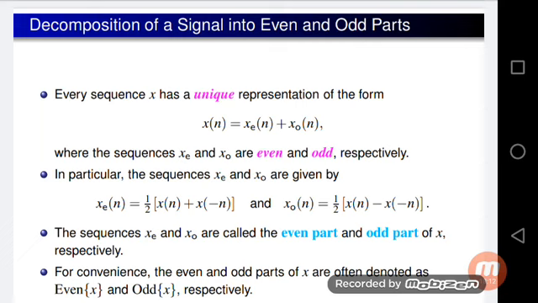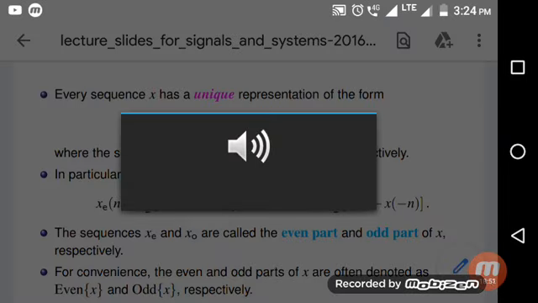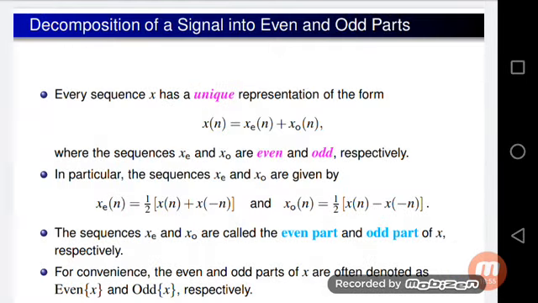Next one is decomposition of signals into even and odd parts. Every sequence x has a unique representation of the form x of n equal to xe of n plus xo of n, where the sequences xe and xo are even and odd respectively.